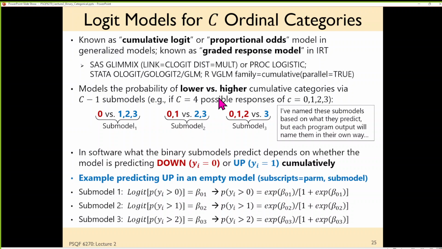So if I were to fit a model for 4 answer choices that are ordered, the first submodel would divide up the 4 choices into a binary 0 on one side or 1, 2, or 3 on the other. The second submodel would divide it up into the next transition point, 0, 1 versus 2, 3, and then 0, 1 versus 3, 0, 1, 2 versus 3.